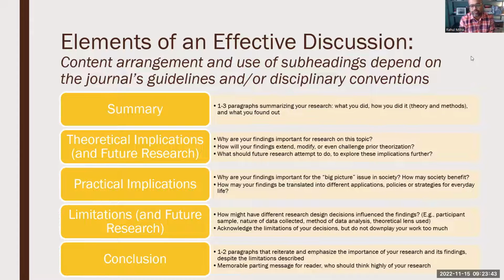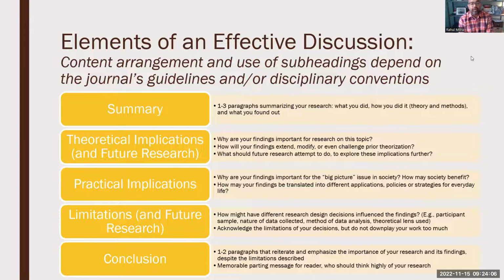And then you've got the next subsection, the limitations subsection, which researchers also often wed in implications for future research, or the recommendations for what scholars should do in the future if they want to replicate or further extend this kind of study that you just did. So a few prompts for you to think about for this subsection might be, how might different research design decisions have influenced the findings?